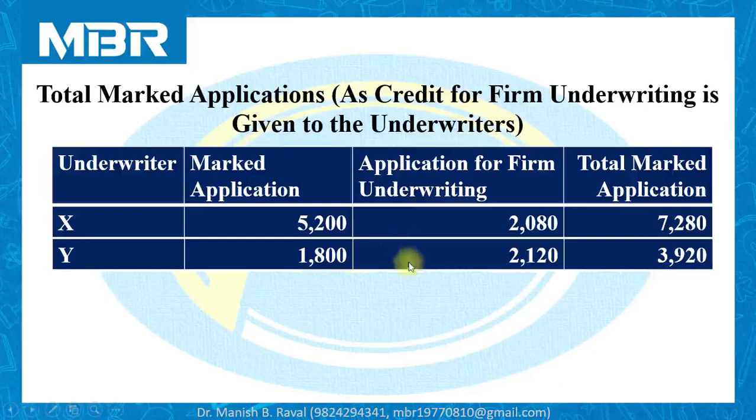When credit is not given, marked applications means marked applications received from the public. And when credit for firm underwriting is given to the underwriters, total marked applications means marked applications received from the public plus numbers of shares as per firm underwriting.